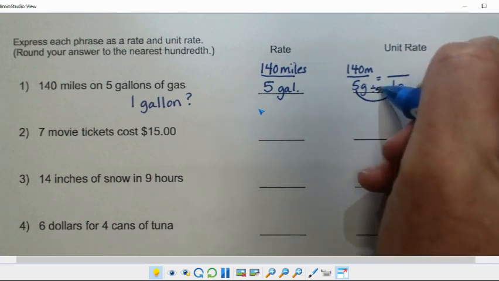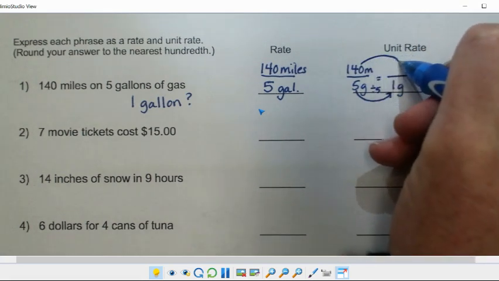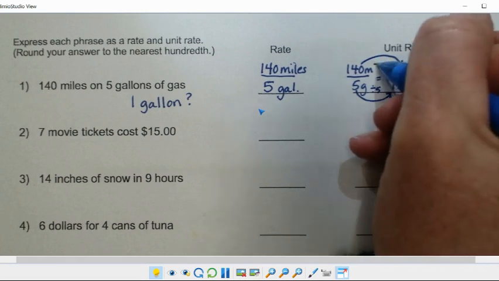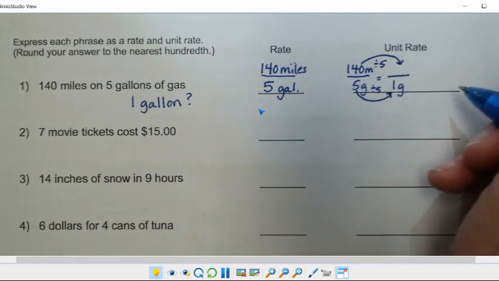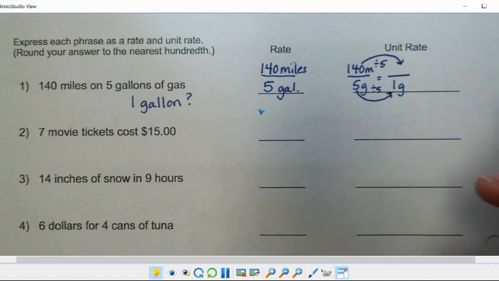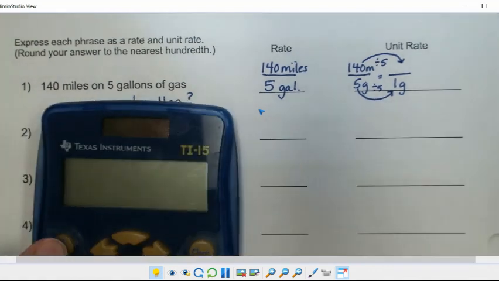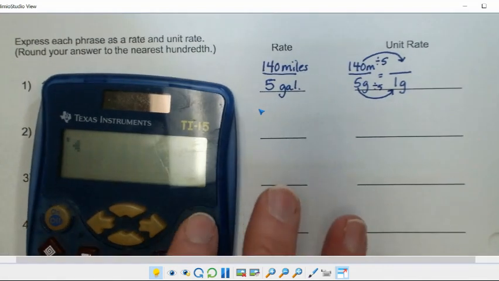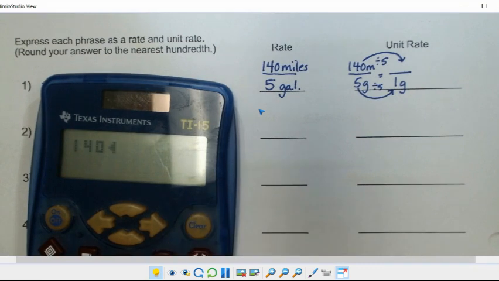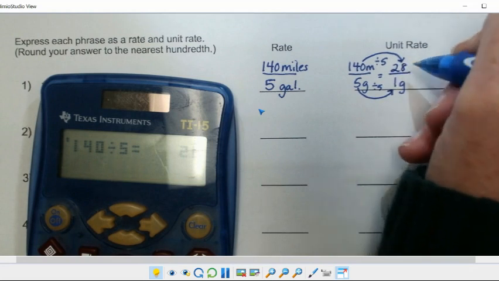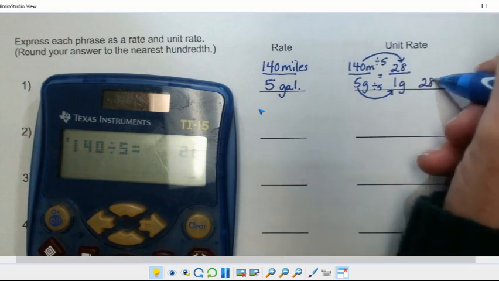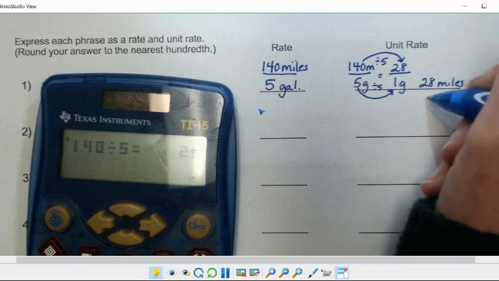Well, I'm dividing by 5. So same thing here, I'm dividing by 5. So 140, you can put that in your calculator, use your calculator if you have it handy, or else use your Chromebook. 140 divided by 5 gives me 28. So my unit rate is 28 miles per gallon.